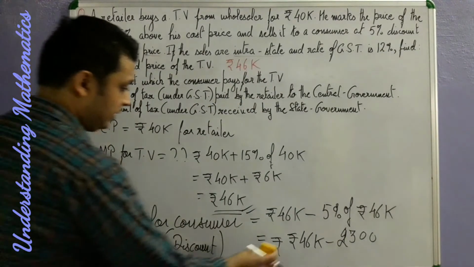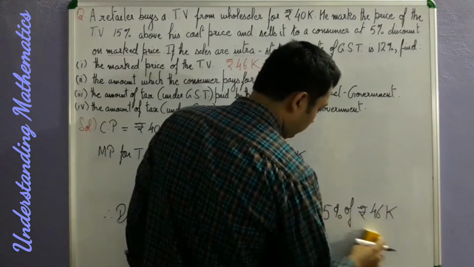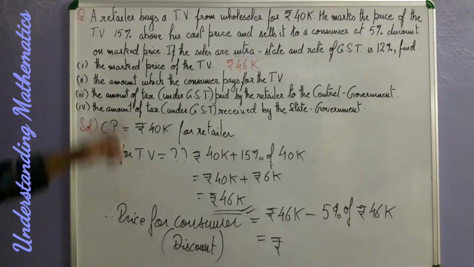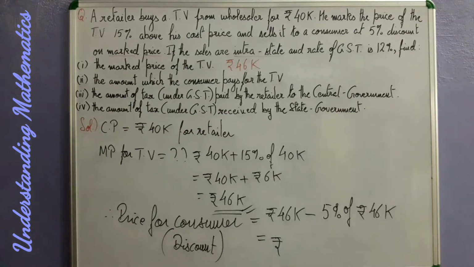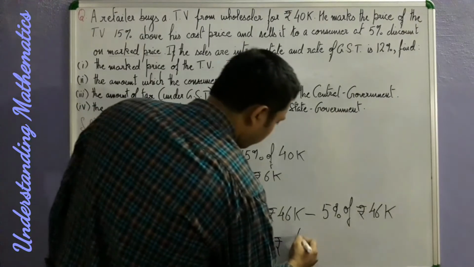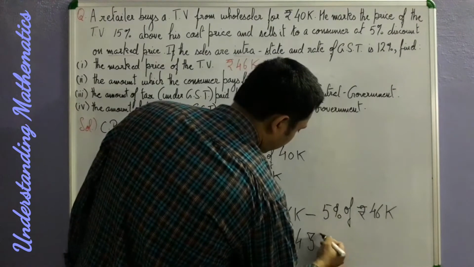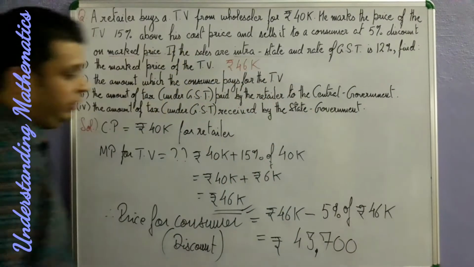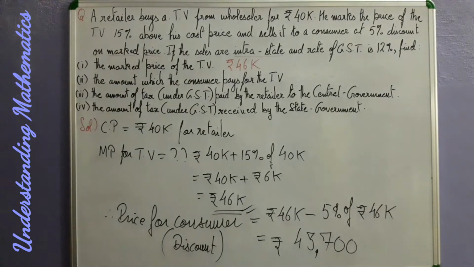So what will be the price paid by the consumer for the TV before paying the GST? It will be 43,700. I hope these things are clear.